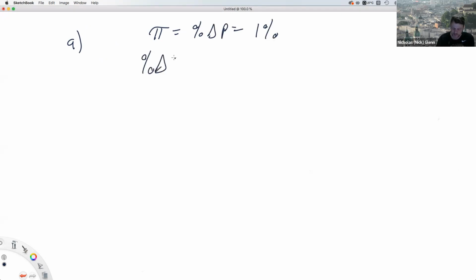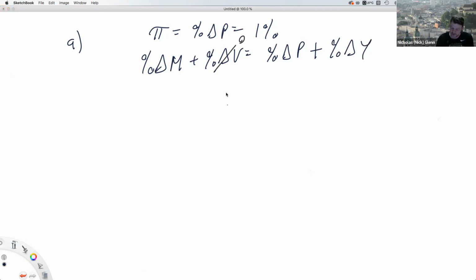Remember, we said that percent change in money supply plus the percent change in velocity equals the percent change in price plus the percent change in growth in the economy. We said velocity doesn't change, so that's 0. So the change in money supply equals the percent change in price plus the percent change in growth in the economy, growth in GDP.